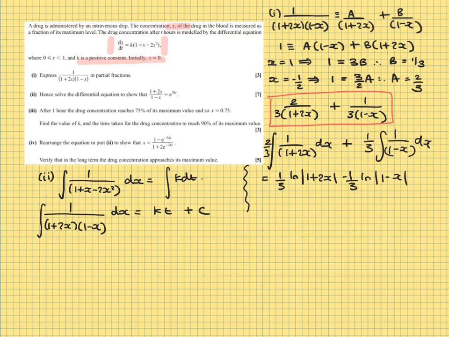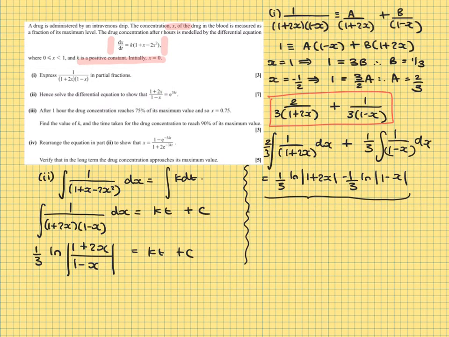And we don't need to include a constant because it's included on the right hand side. So this gives me 1/3 ln mod of 1 plus 2x over 1 minus x equals kt plus c. Hopefully you can see that I've factorised out the third and I've combined the two logs.